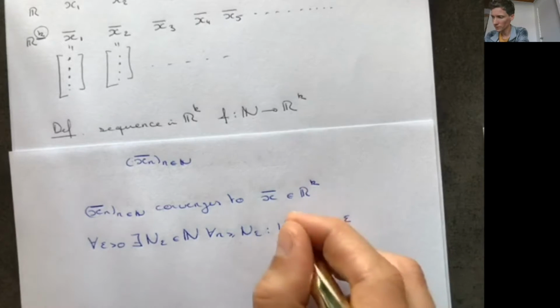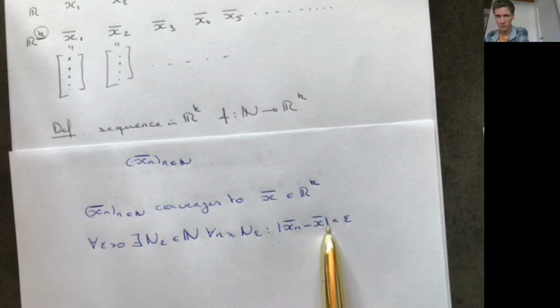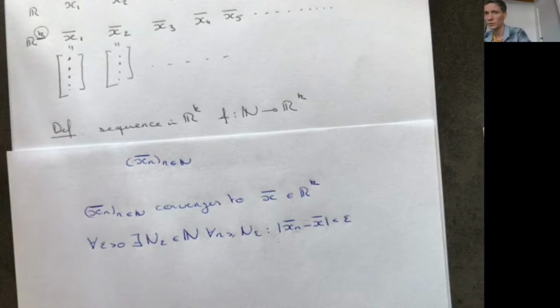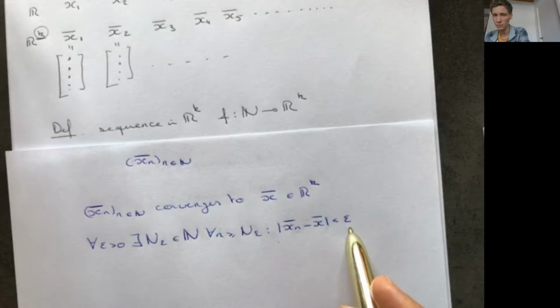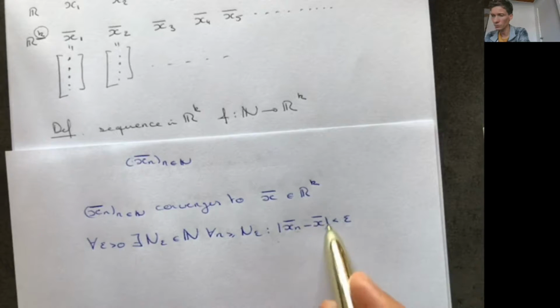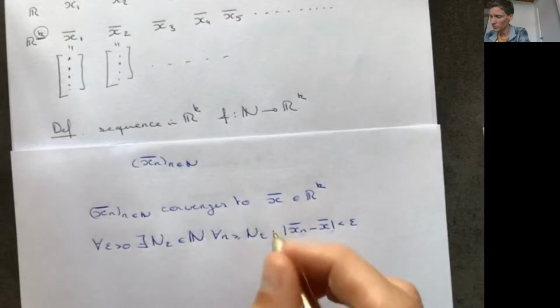So the numbers have to become vectors. And now this here is a vector, right? It's the difference of two vectors. The absolute value of a vector, I don't really know what this is, but we can imagine something, but it has to be smaller than a number, right? So on the left hand side, you also would like to have a number that somehow measures the distance between this vector and this vector. Okay, and you have already seen the concept that you can use for this.